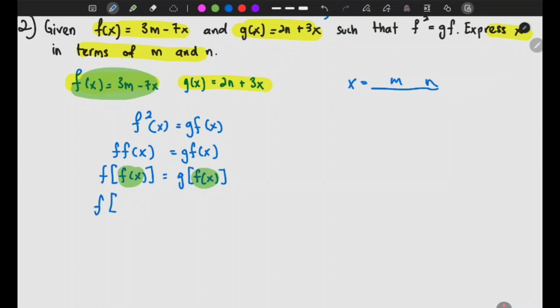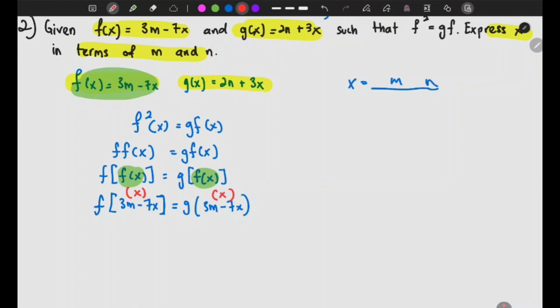And now, remember, whatever is inside the bracket is something the same as x. So substitute again. What is your f(x)? It's 3m minus 7x, right? 3m minus 7x. But what is your x now?